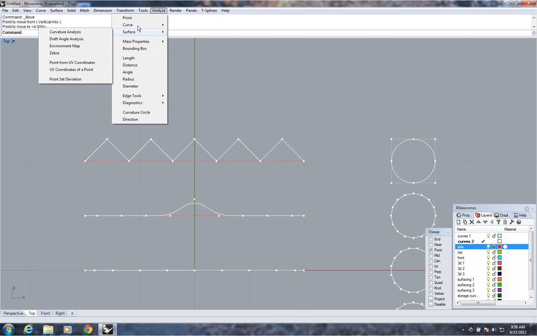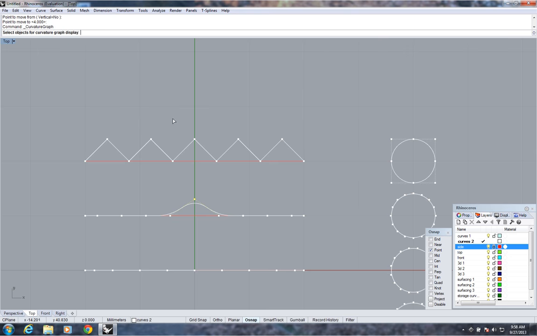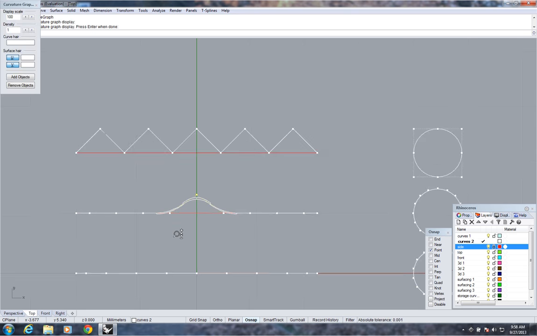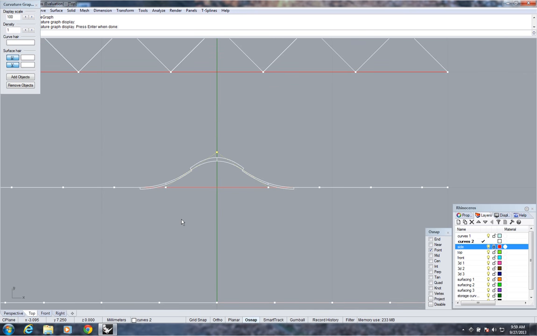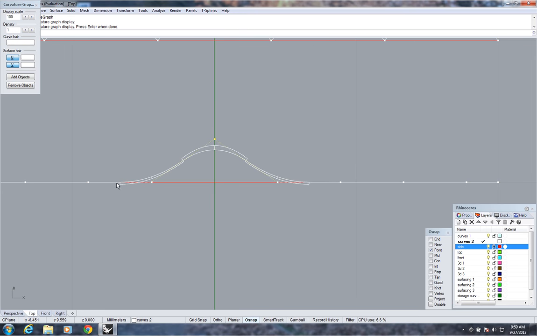I want to take a minute here and just see. Yes. This is a graphical representation of the curvature of that curve. And you can see that it extends just beyond these bracketed points and then stops. You can also see a hard corner, a hard transition.